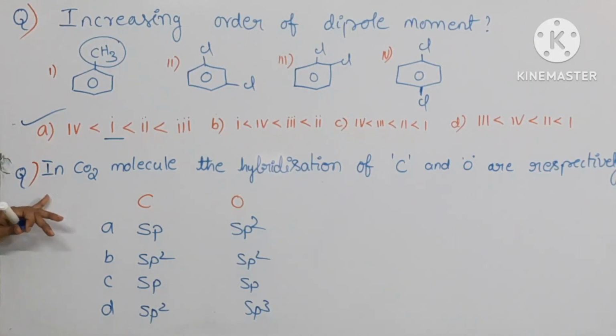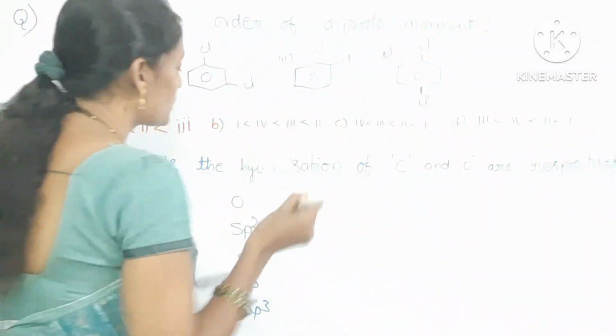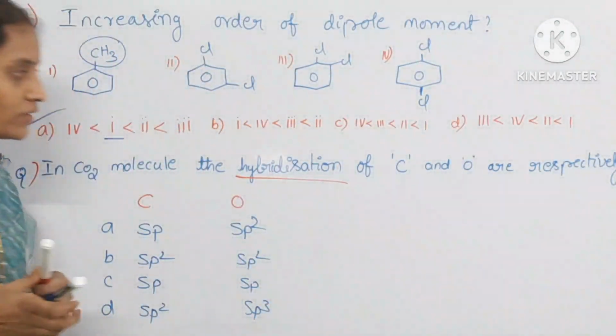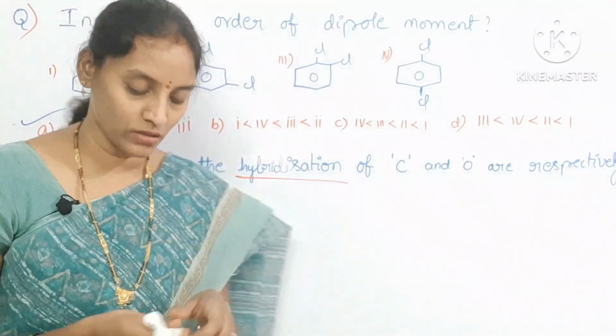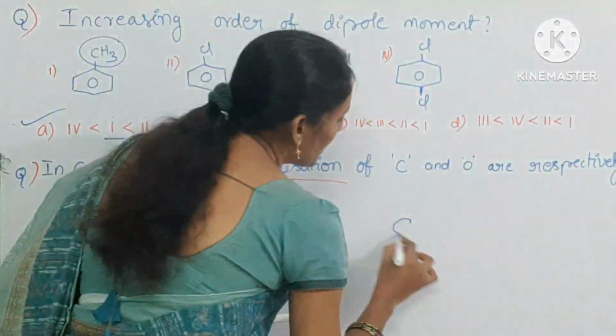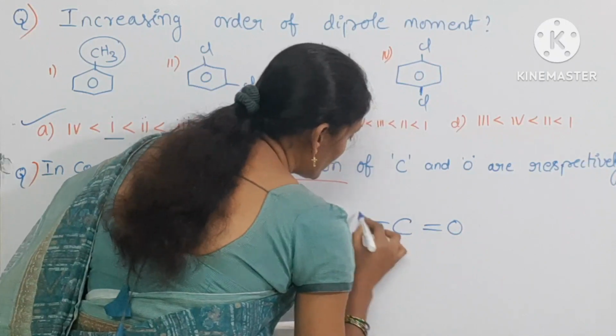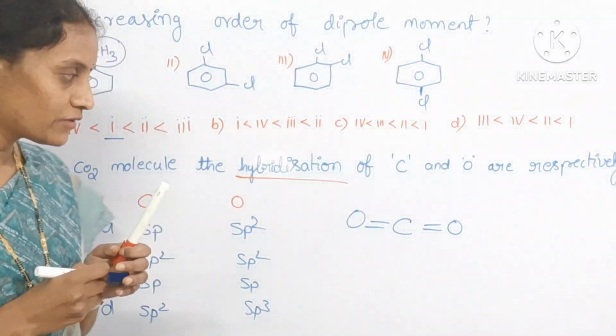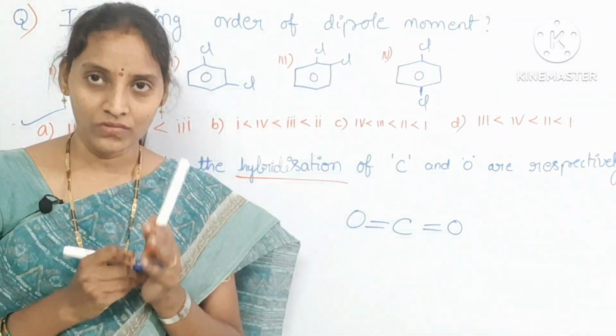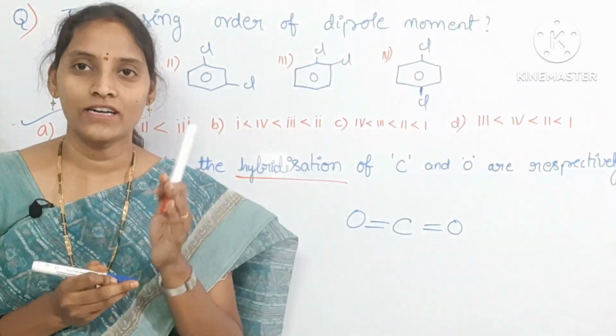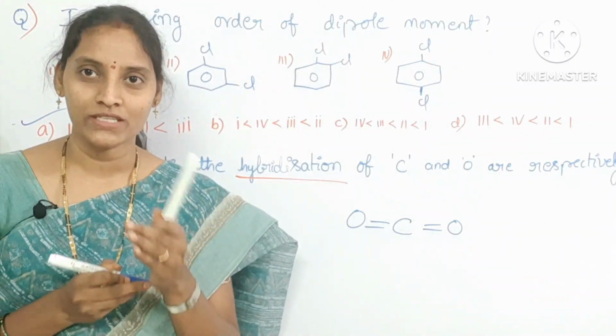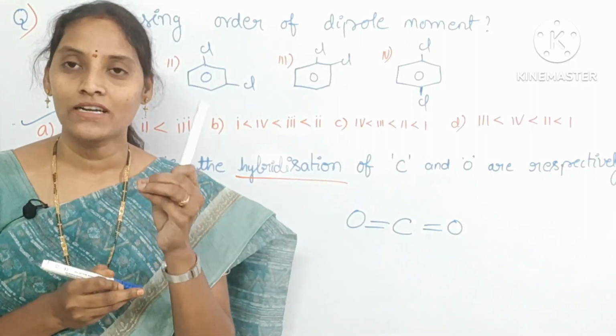And next question, you can see, in carbon dioxide molecule the hybridization of carbon and oxygen are respectively what? You need to identify the hybridization of these two atoms present in the CO2 molecule. You need to take first of all the CO2 structure. By seeing the carbon dioxide molecule structure, you can easily identify. For identification of hybridization, you have one formula, that is the number of pi bonds present around the central atom and number of lone pairs.